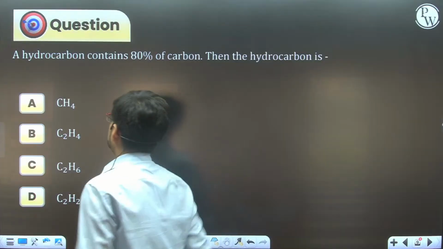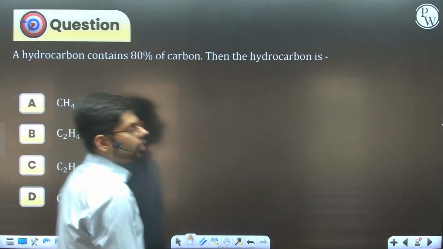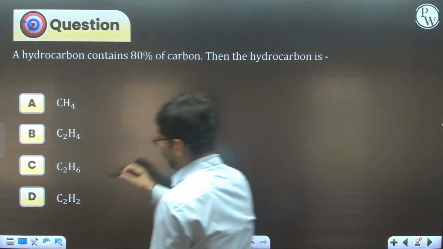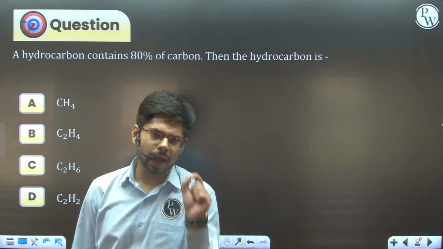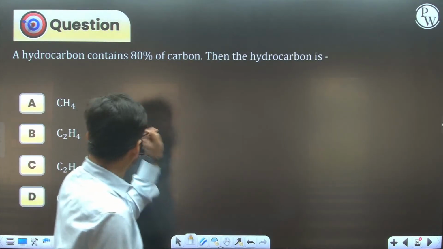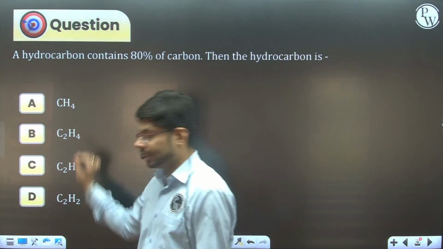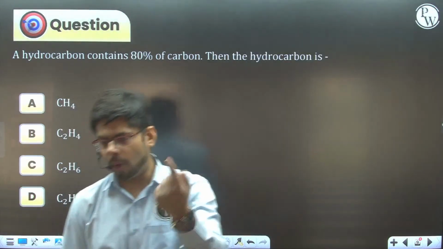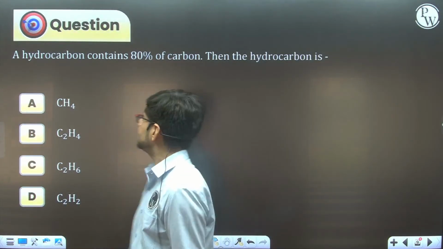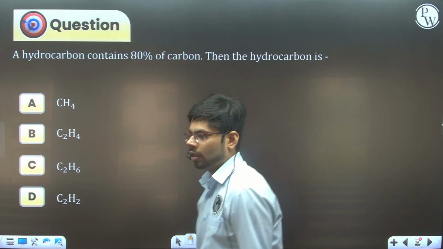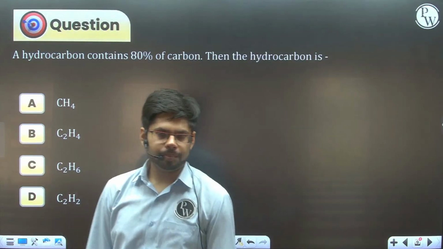So, they have mentioned 80% of carbon, which means if I find out the mass percentage of carbon in the hydrocarbon, I have 4 different options with me. So, for every option, if I find out the percentage of carbon, then only I will be able to comment.